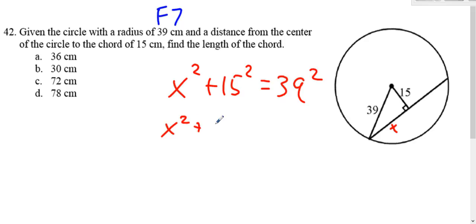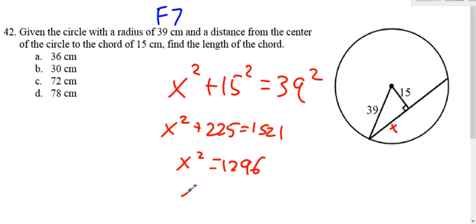So x squared plus 225 equals 1521. So x squared equals 1296, which means x equals 36.